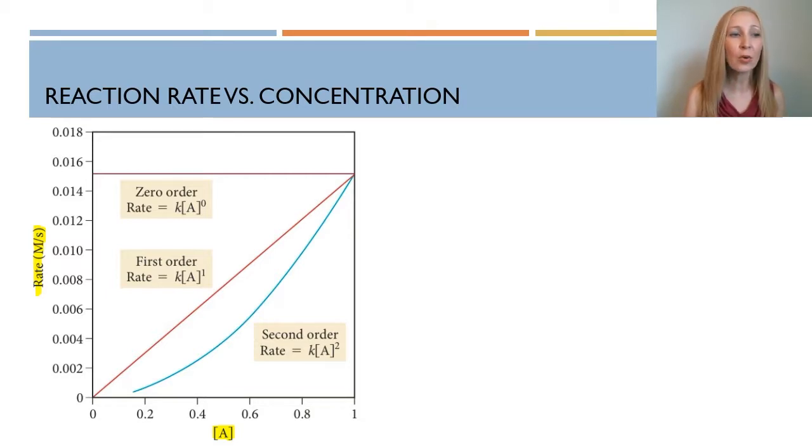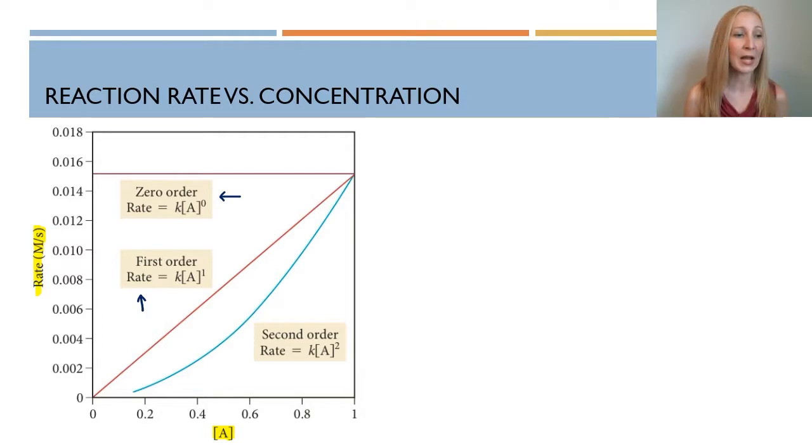So in a zero-order reaction, the rate is not changing depending on different concentrations. It's completely independent of what that concentration value is. If the concentration increases, the rate stays the same. If the concentration decreases, the rate stays the same. So in a zero-order reaction, nothing happens to the rate as it corresponds to the concentration.